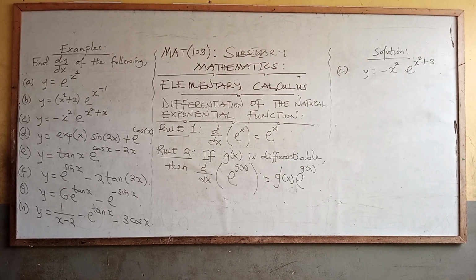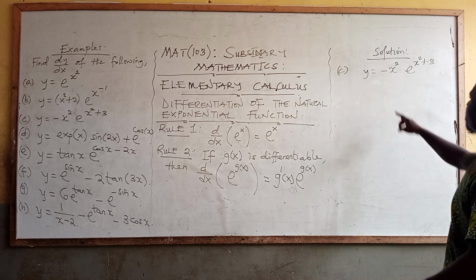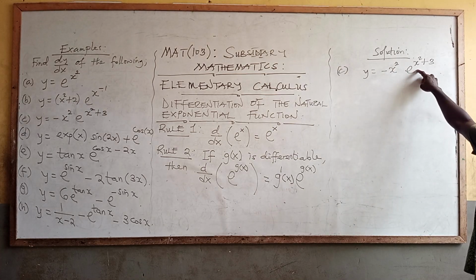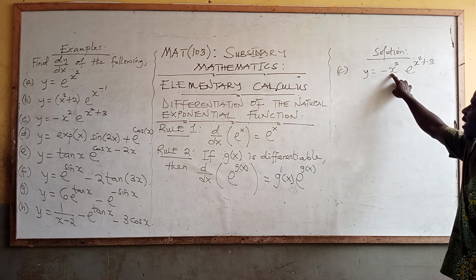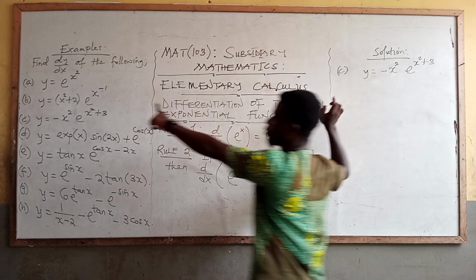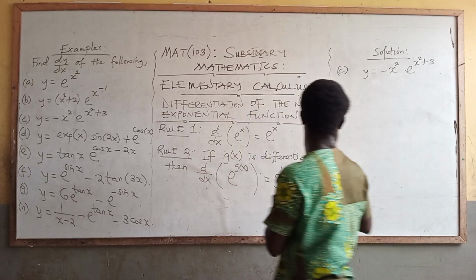All right, y equals negative x squared e to the x squared plus 3. Here we have x, and we are differentiating with respect to x.